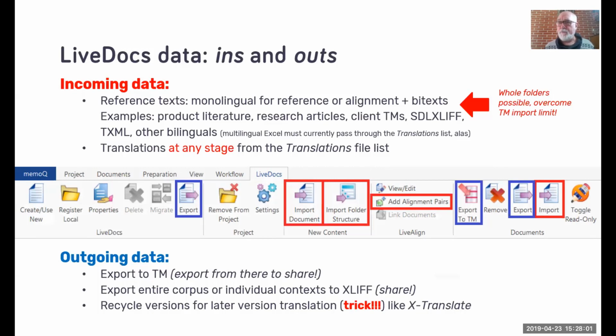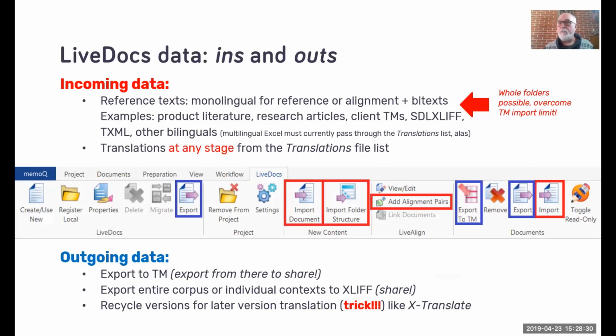That was actually kind of stupid of me because I forgot that I could have imported an entire folder structure and saved hours and hours of work. So you can get around the memoQ limitation of a single TMX or other file at a time to import to a TM by using LiveDocs and importing whole folders with all the TMX files that you want, or all the SDL XLIF files that somebody has given you.